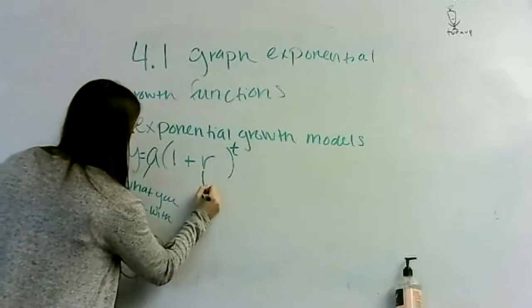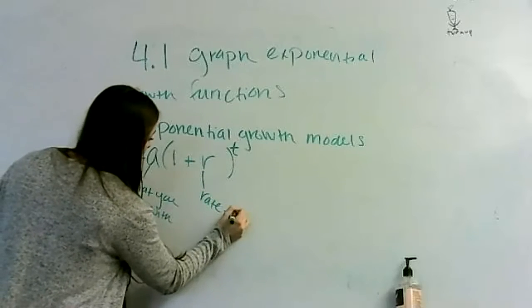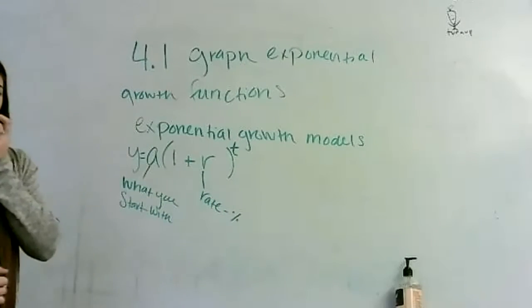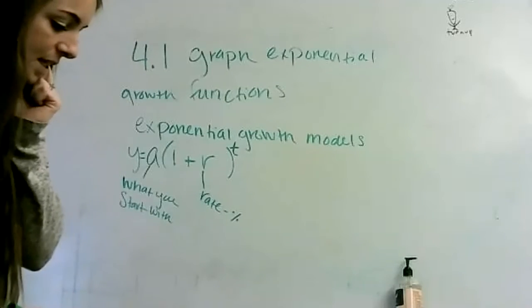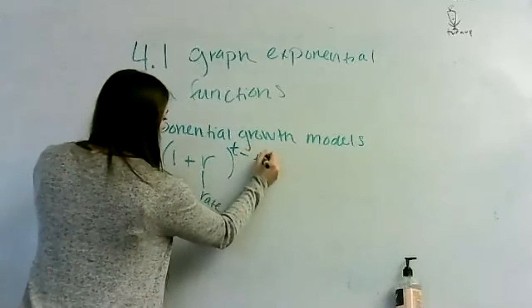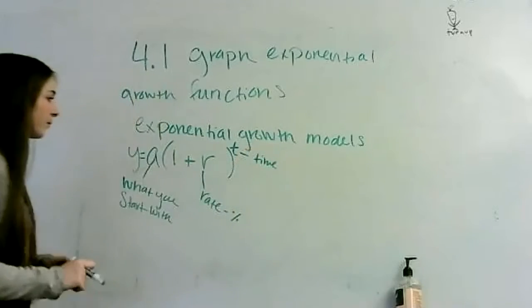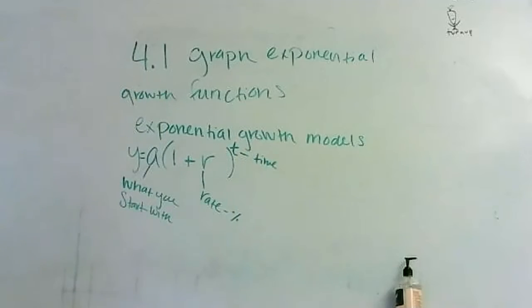And your R is your rate. Likely it's going to be a percentage that you might be given. And then T is always going to stand for time. I'm going to let you get that written down before I give you our last likely example for the day.